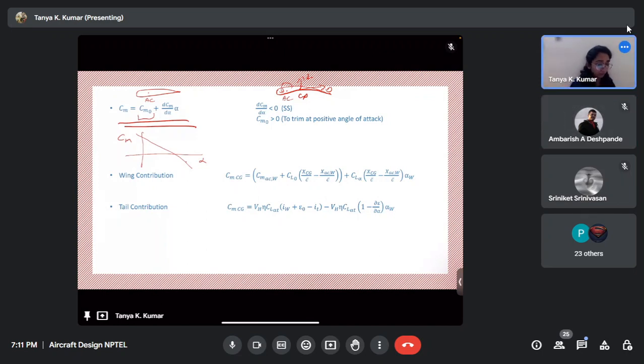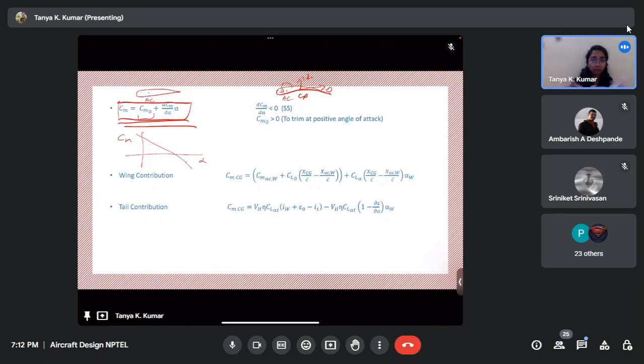Okay. Now let's just look at the two main components of the aircraft, the wing and the tail, as far as longitudinal stability is concerned, and let's look at their contributions towards Cm naught and Cm alpha. So the main equation is this: Cm equals Cm naught plus dCm upon d alpha into alpha. Now look at the wing contribution.